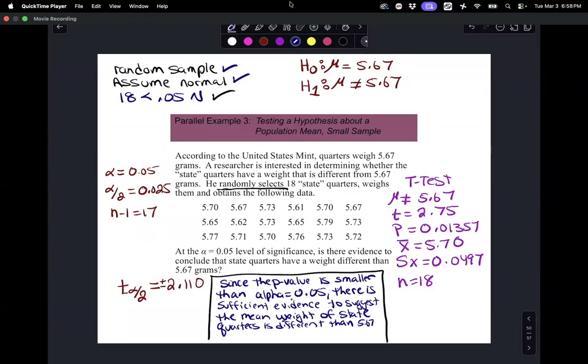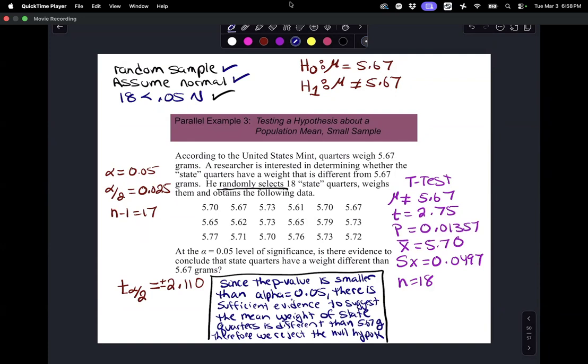Ounces, grams. Grams, grams. Therefore, we reject the null hypothesis. I'm out of room, so I'm not spelling that word out.